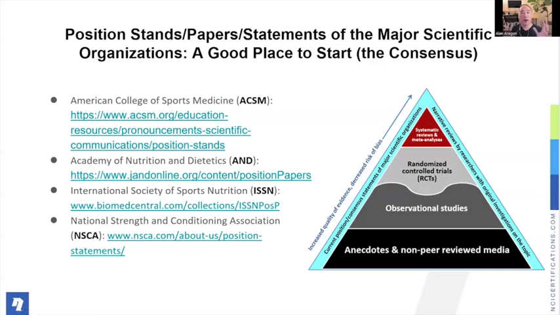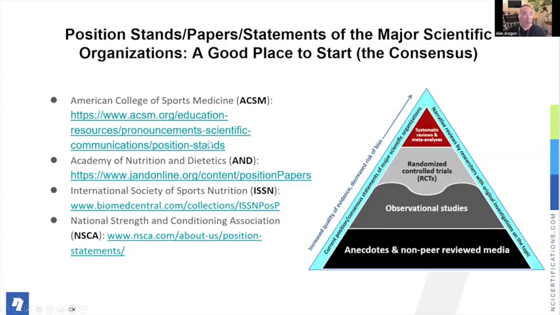And a great place to start if you want to know what the state of the evidence is on a given topic, like, for example, protein intake in healthy and athletic subjects, you'll find that at the ISSN position stands. Now, if you want to find the state of the evidence on things like nutrition and pregnancy, you may find that with the Academy of Nutrition and Dietetics.